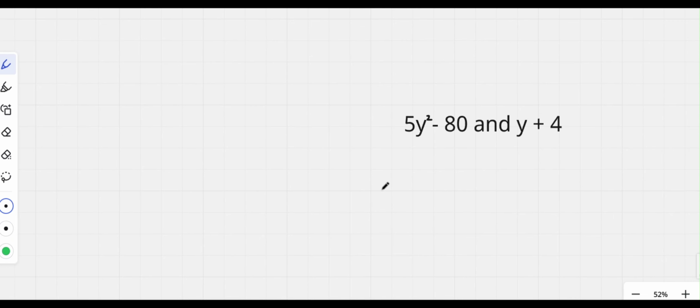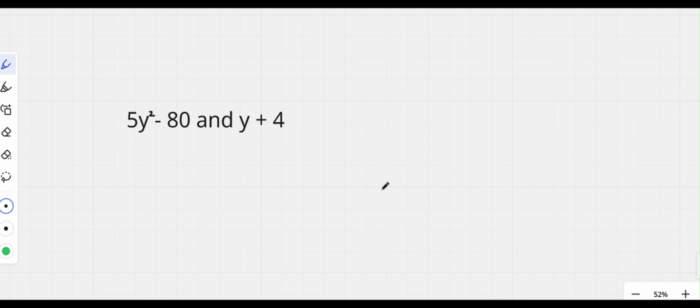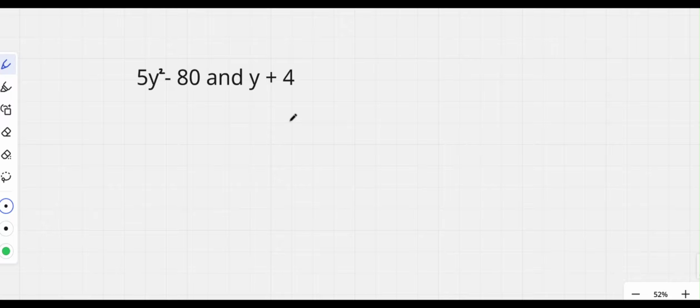All right, our next one. 5y squared minus 80 and y plus 4. So let's start by finding the prime factorization for 5y squared minus 80.